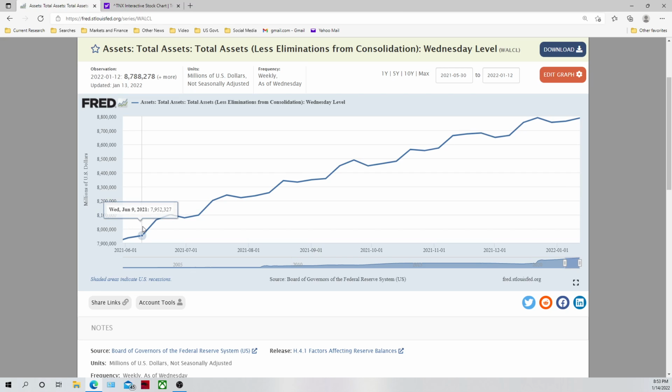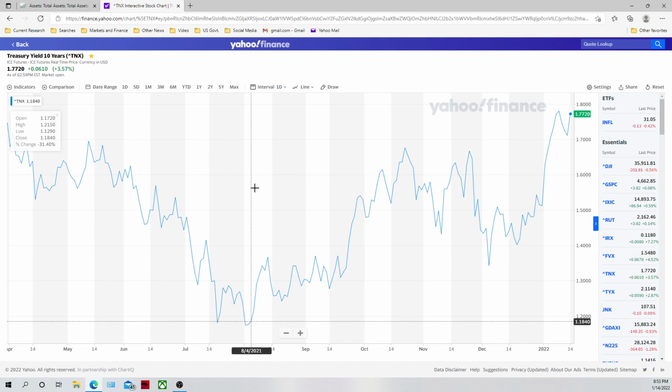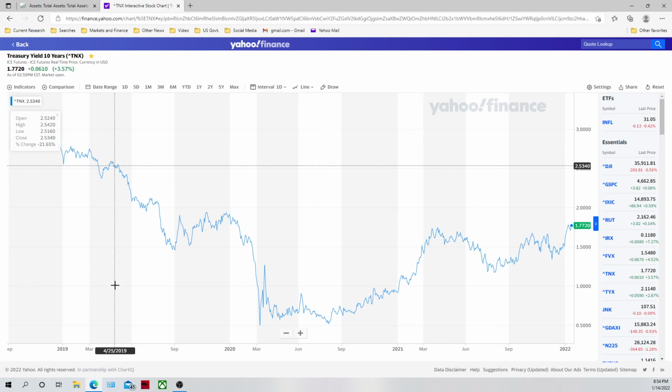As you can see, they've been buying $120 billion of bonds, and they just keep them on their balance sheet. So now they're accruing all of these bonds on their account. And what that does is keep the interest rates low.